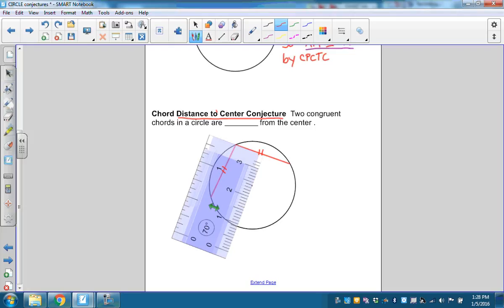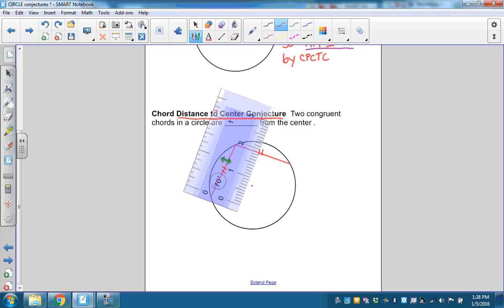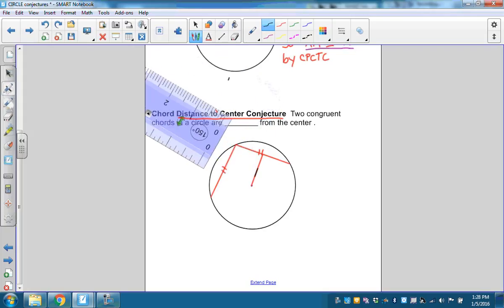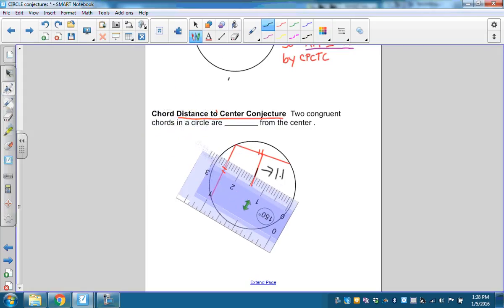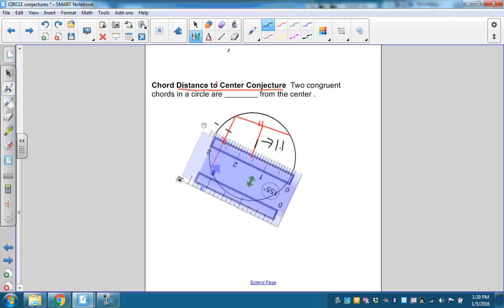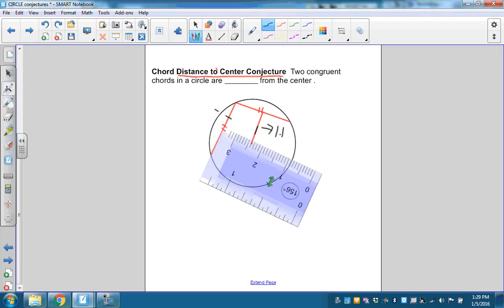That distance looks to be about 1.1 units when you look at this distance right here. So if I do the same thing, let's write that in. This is 1.1 over here, and again using the square edge of the ruler to get a perpendicular distance.